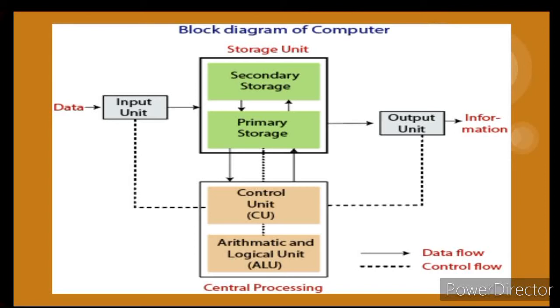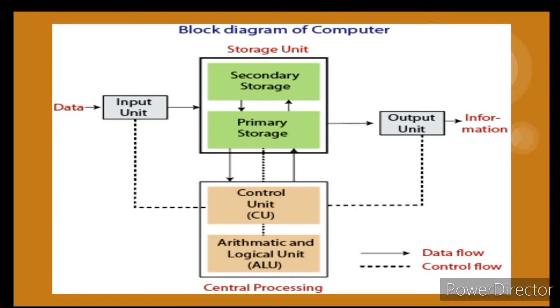Second unit is the arithmetic and logic unit. An arithmetic and logic unit, also known as ALU, is the part of the CPU system that carries out arithmetic and logic operations. An ALU performs basic arithmetic operations, for example addition, subtraction, multiplication and division.